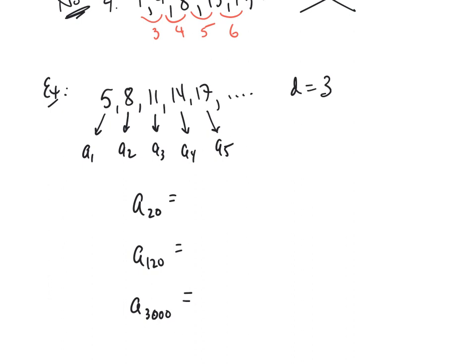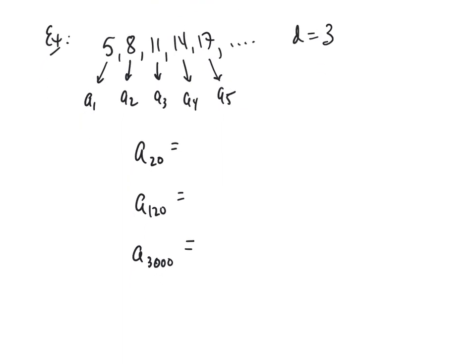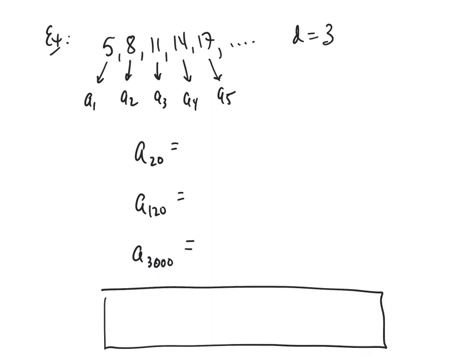To do that, we have a formula that's developed from the arithmetic sequences. This will be an important one that I need you to highlight in your notes. It looks like this. To get to any term in a sequence, we call a sub n.